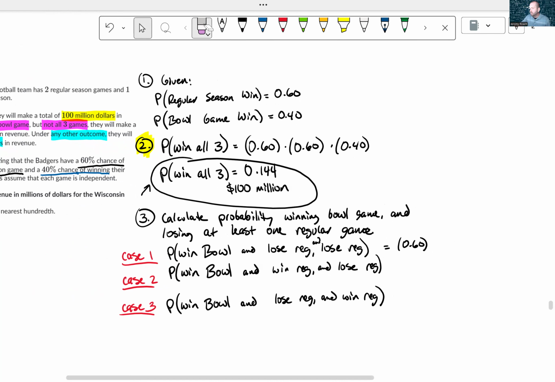Let me back up and start over. Winning a bowl game is a 40% chance. Probably caught that earlier. 0.4 for winning.